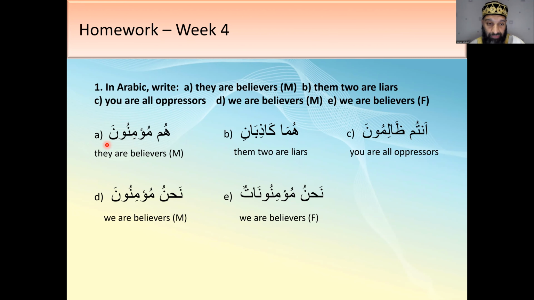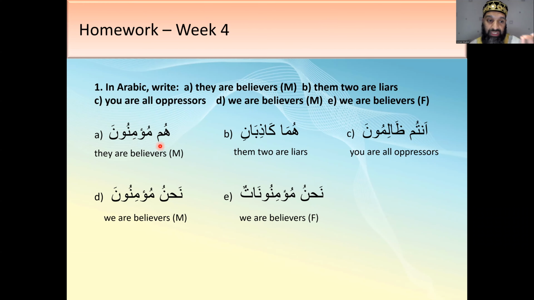The reason why it's marfu is because a separate pronoun, whichever one it is, is not one of those words that is going to cause the case of the noun to change. It doesn't have the power to change the case of the noun, so the noun remains default marfu.